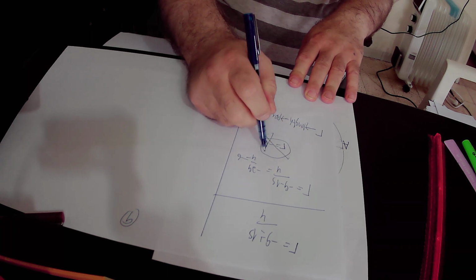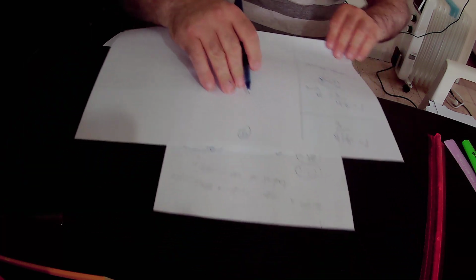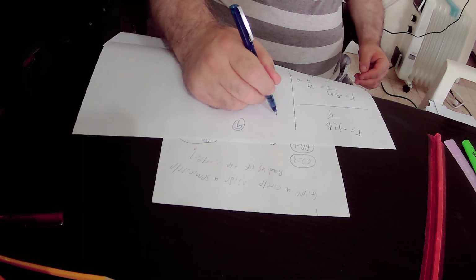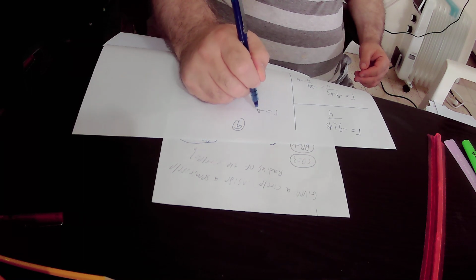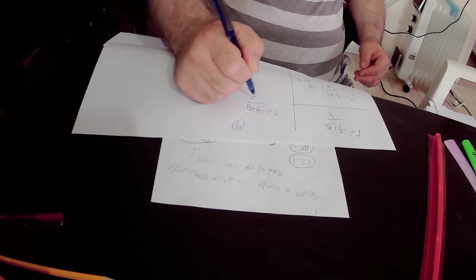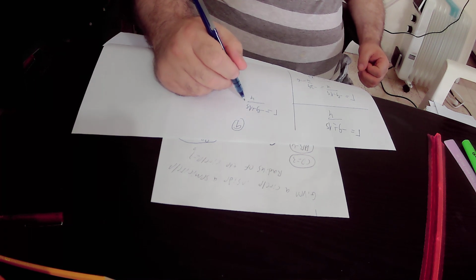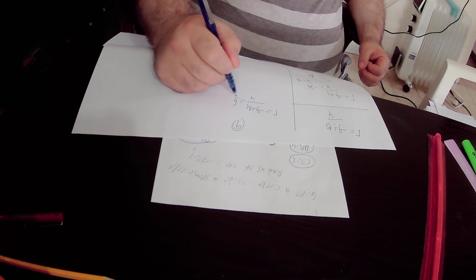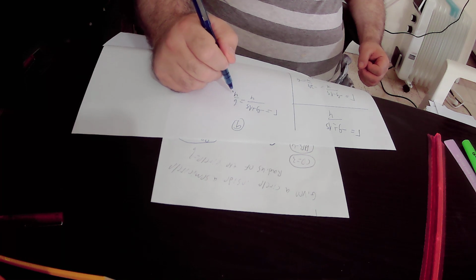We will cancel that solution and we are left only with the second solution, that r equals minus 9 plus 15 over 4. Minus 9 plus 15 is 6, and 6 over 4. r equals 6 over 4.